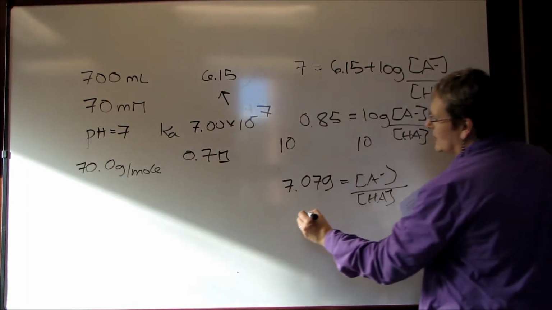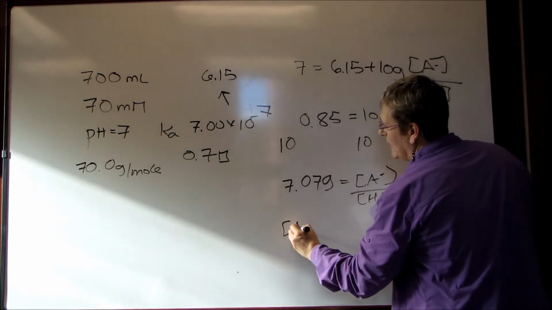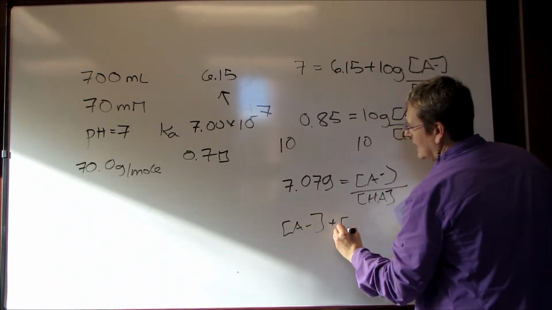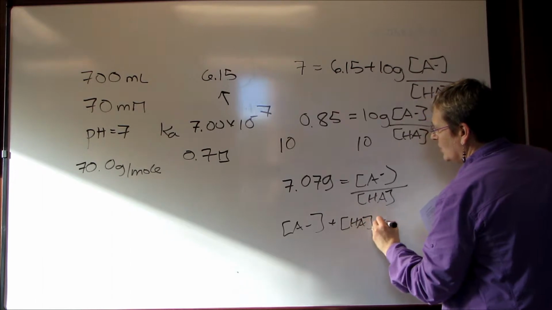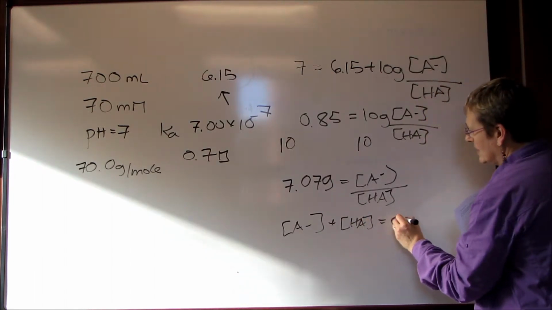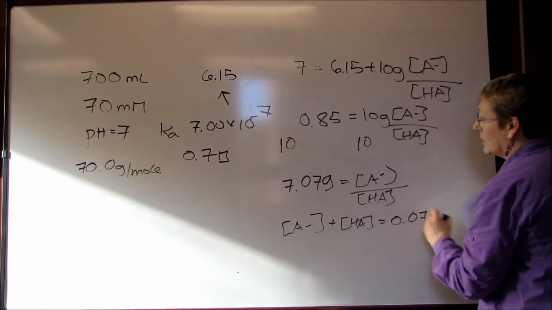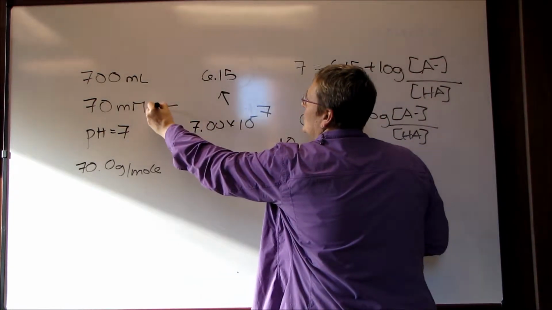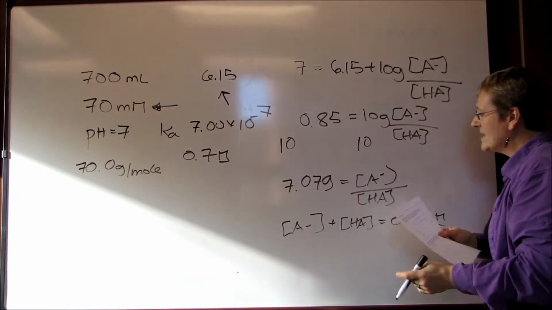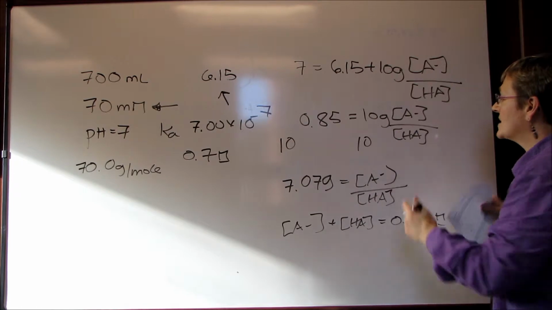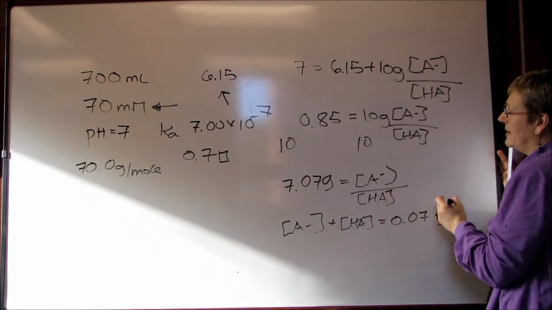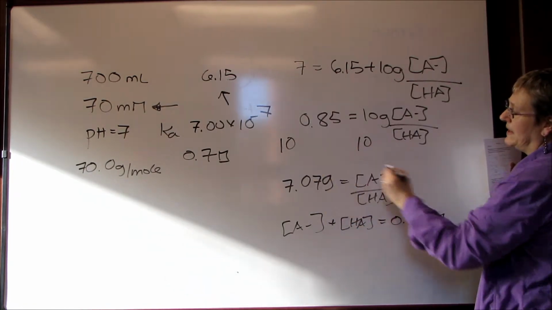Our second equation is essentially knowing that A minus plus HA is equal to the 70 millimolar, 0.07 molar. That is the concentration of the buffer. Okay, so I'm going to express A minus in terms of HA by multiplying both sides by the HA concentration.